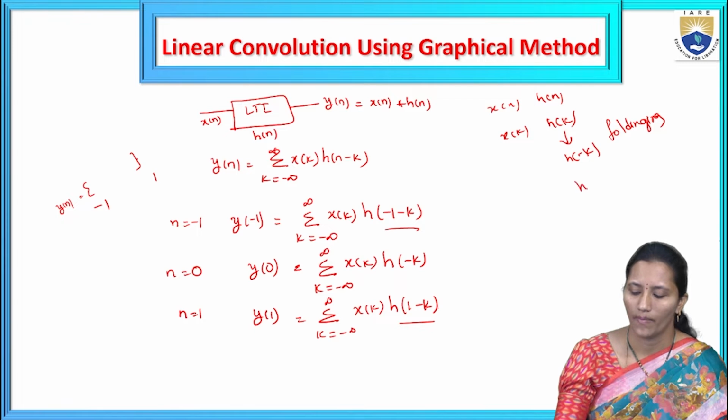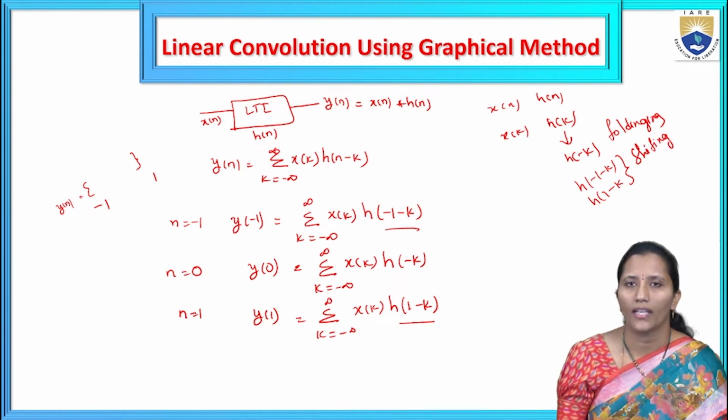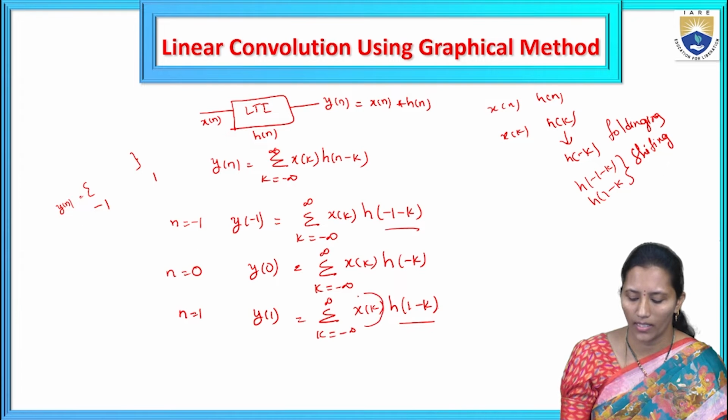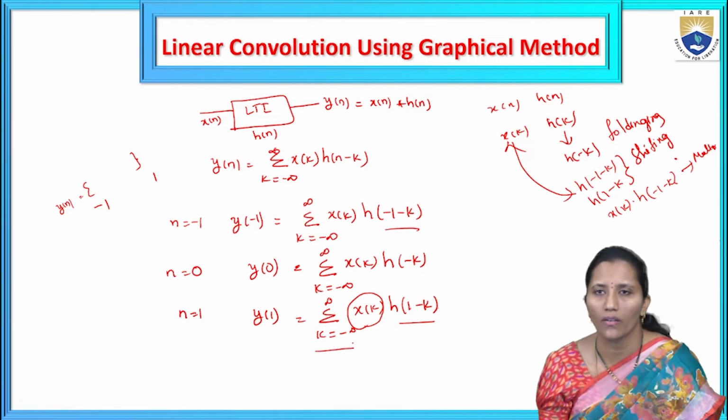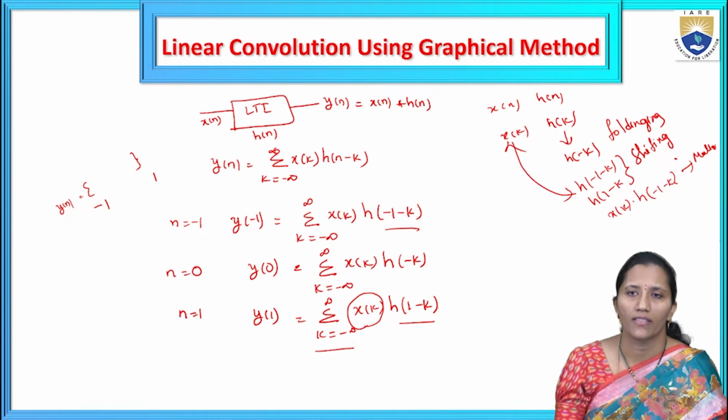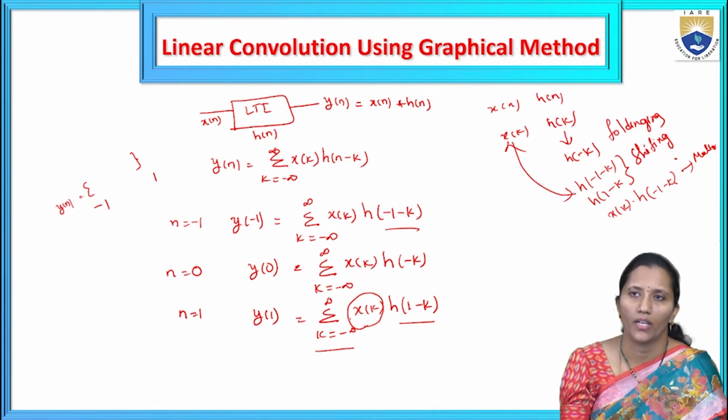So we are doing the shifting operation. After getting these sequences, we multiply with the sequence x of k, so x of k into h of minus 1 minus k. Here we are doing multiplication. Then we add, the summation of k equals minus infinity to infinity x of k into h of minus 1 minus k. Here we are adding those samples. So the basic operations in linear convolution are folding, shifting, multiplication and adding.